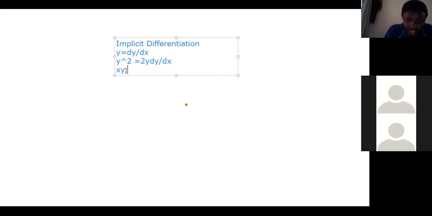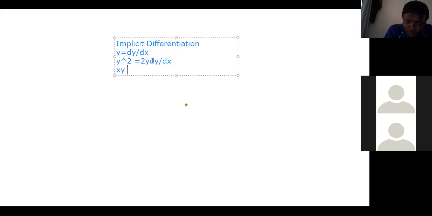In that case, you won't repeat it. That means y will go to 1. Are you getting it? That means you are differentiating any y in it. And the x here means that we are differentiating the whole of this with respect to x. But there's no x in this, that's why we keep the x there.